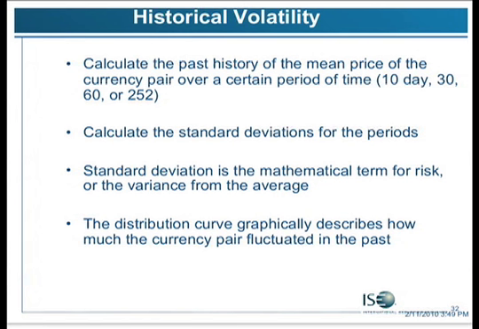You can calculate standard deviations. Standard deviation is a mathematical term for risk. And the distribution curve graphically, I showed you some of that with women's heights, and then I tried to explain how that works with the currencies. But greater distribution would mean higher option premiums.